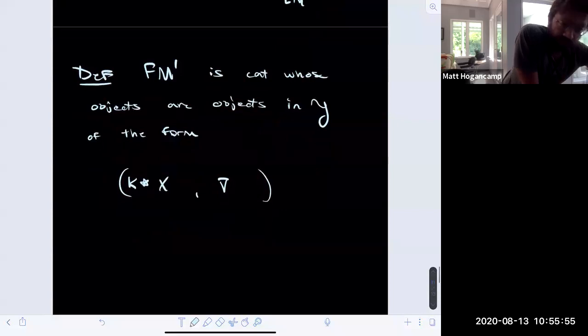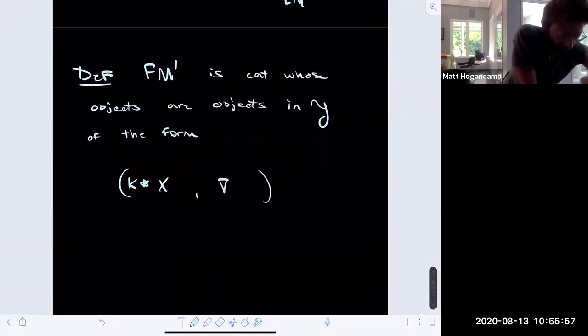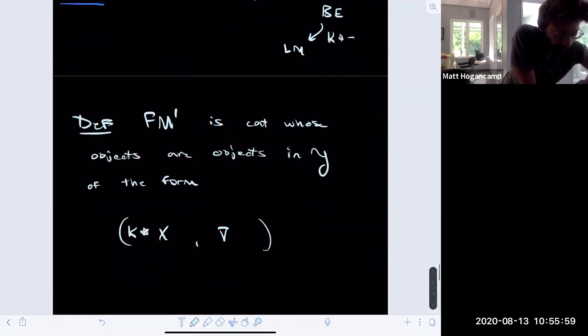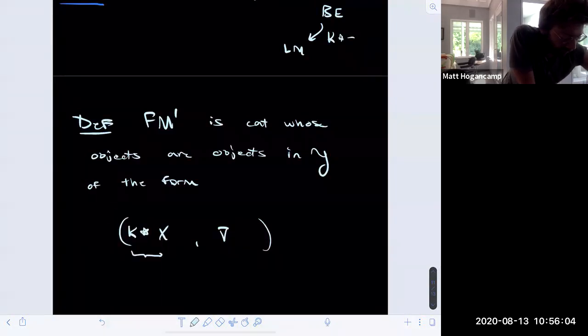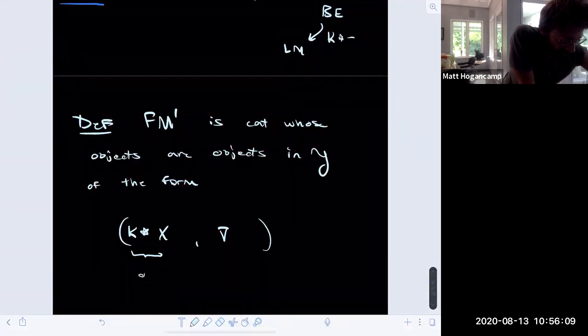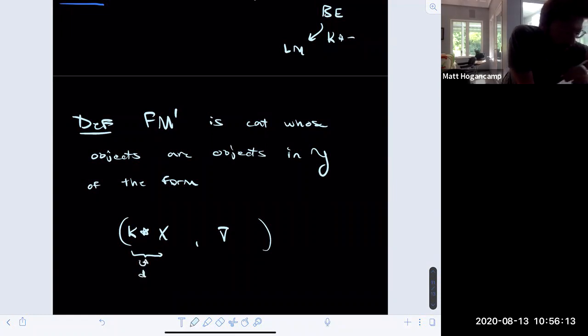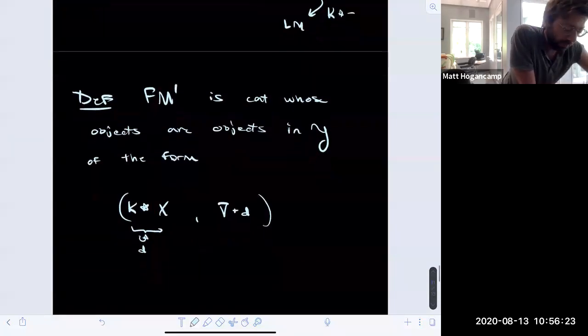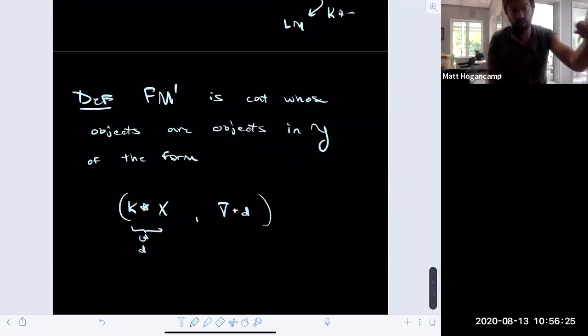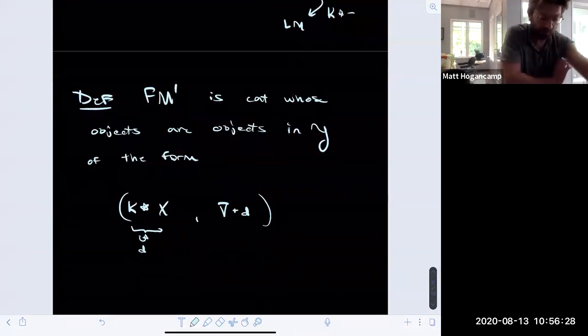This is a little bit imprecise, but this guy has some differential already internal to it, and really the curved differential that we're considering is that plus some extra term. So you take the differential which is internal to K, and you add to it these extra terms.